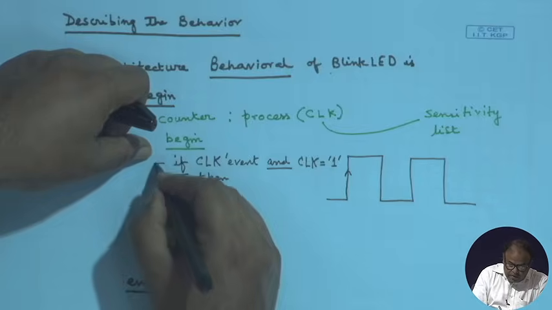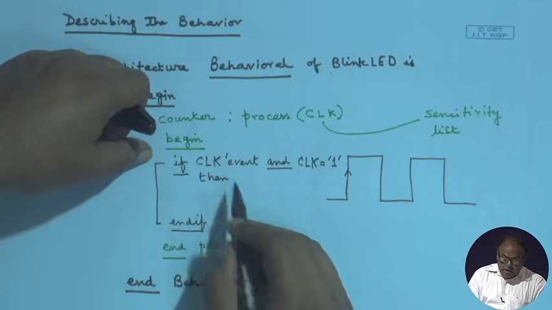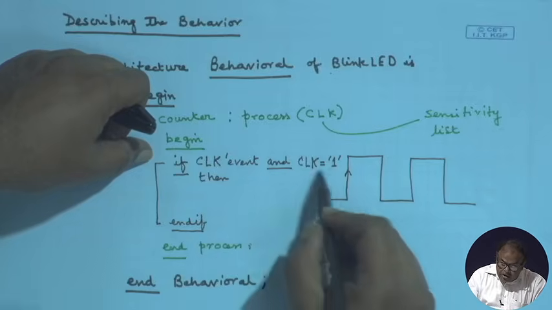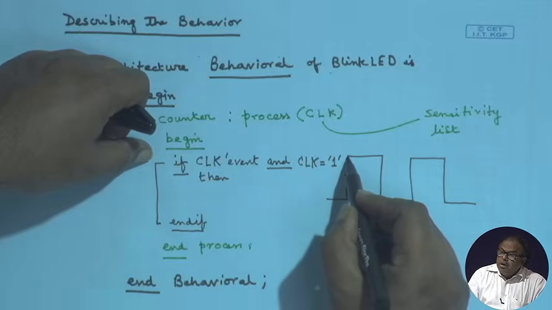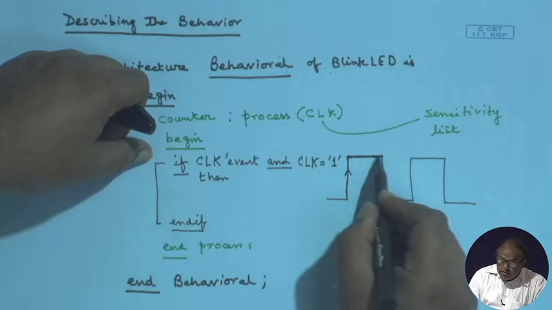End if. This is the part. If the clock event occurs and the clock is 1, that means this will remain true. Clock event has occurred and the clock is 1. Up to this part, it will remain.